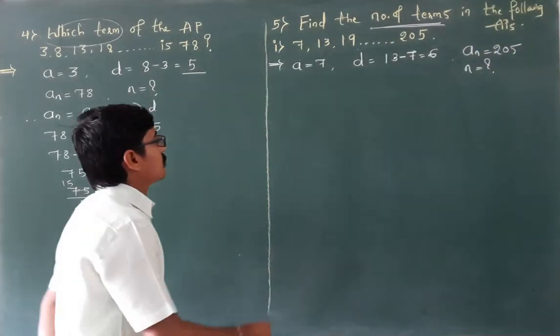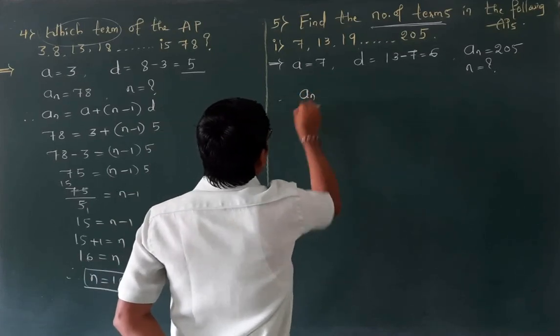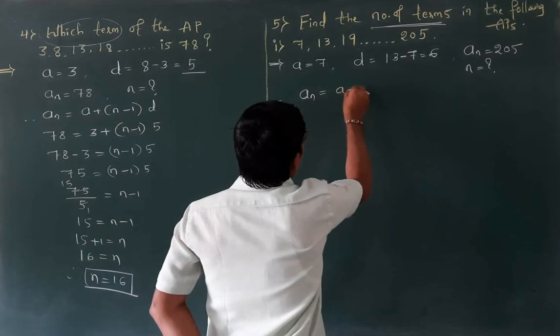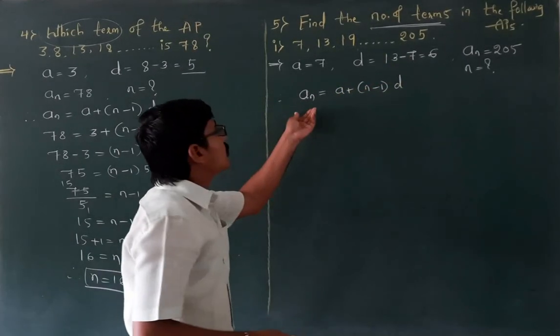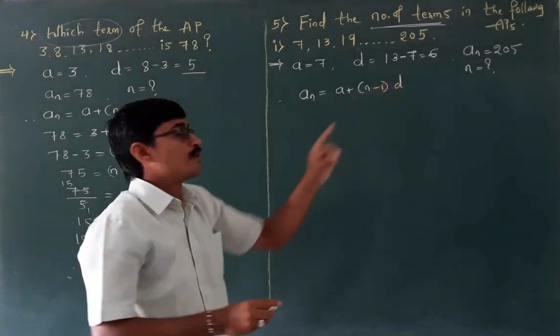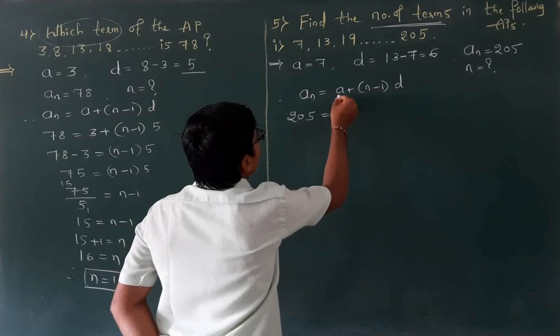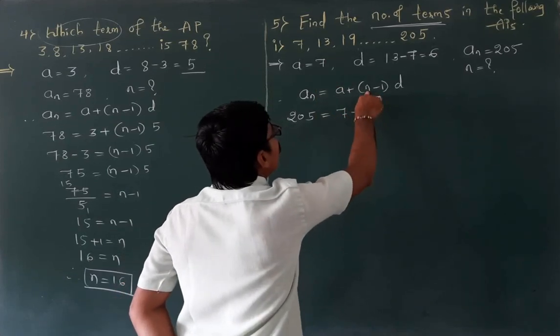The n value is asked. Therefore we know the formula, nth term of an AP, an is equal to a plus n minus 1 into d. So nth term means 205, which is equal to a value 7 plus n value. We have to find the n value.